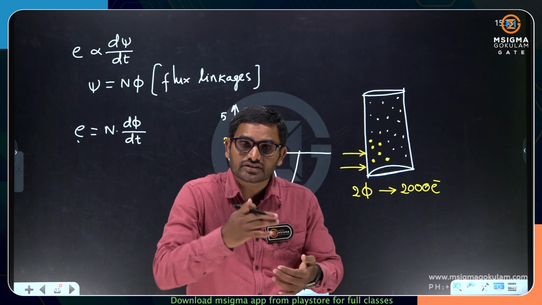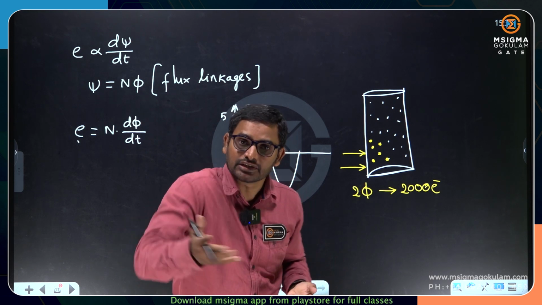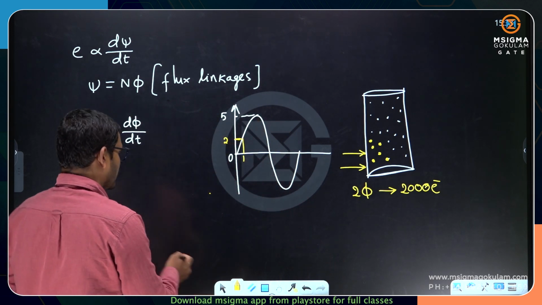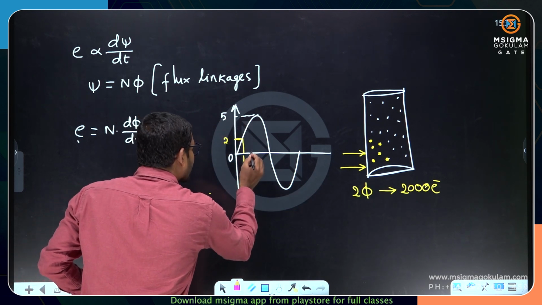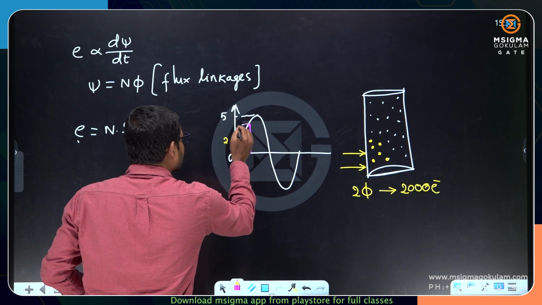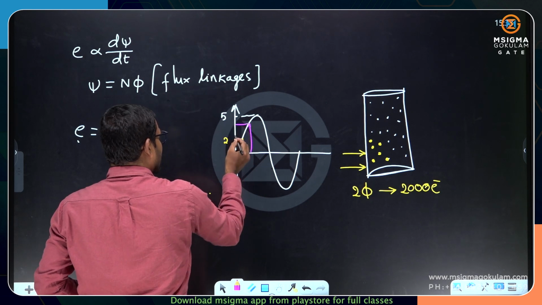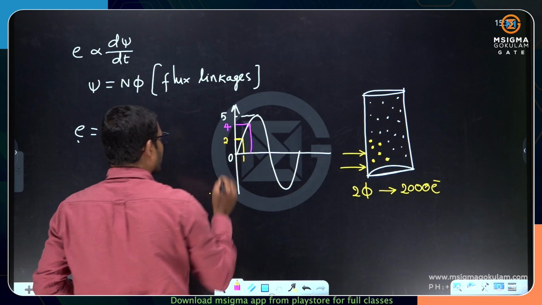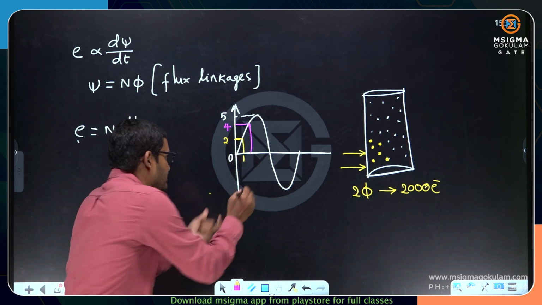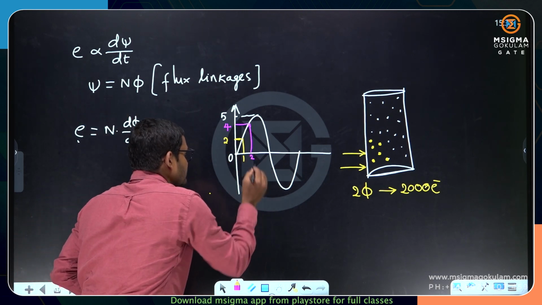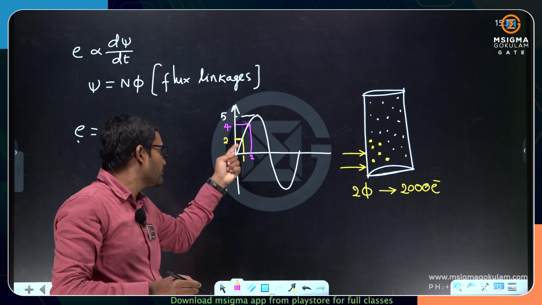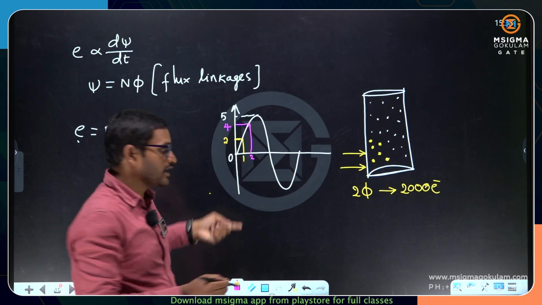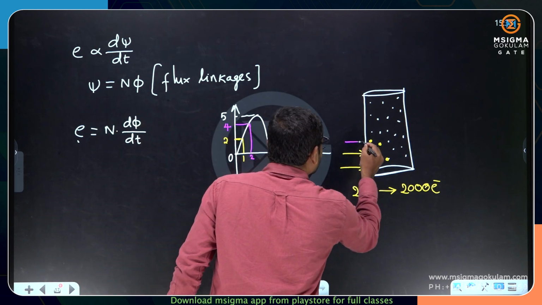If you want to get electromotive force continuously, then according to time, the magnitude has to change. It might be 4, at maybe the 2-second instant or any instant. If the magnitude changes with time, now 2 flux lines have become 4 flux lines.